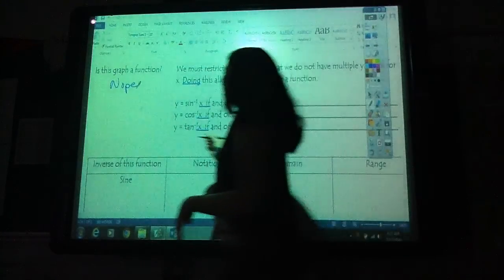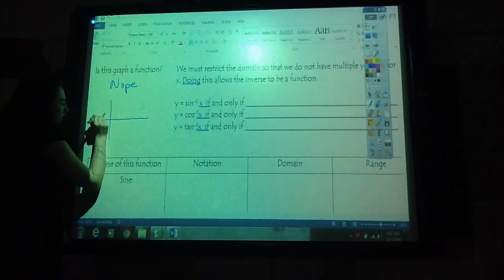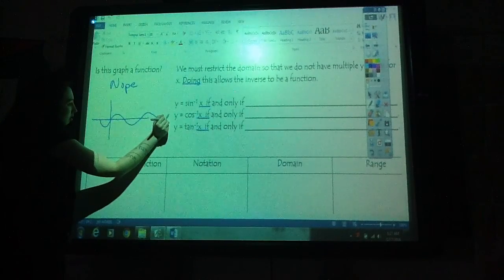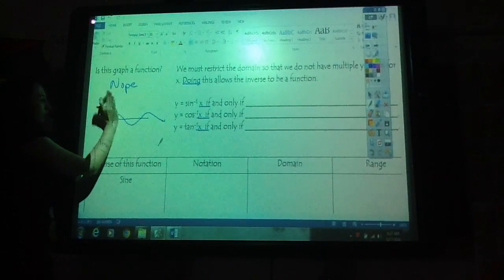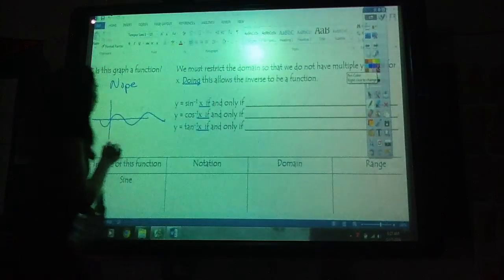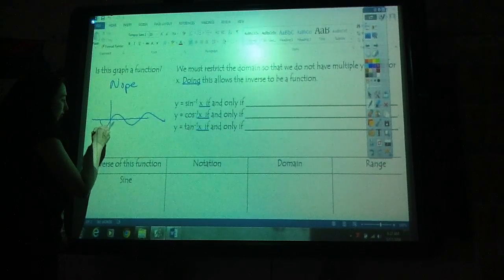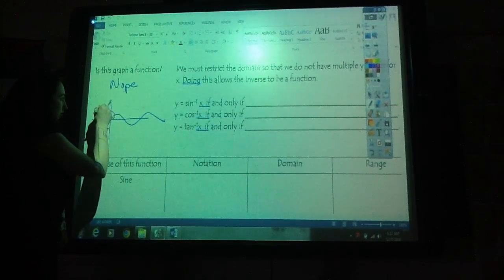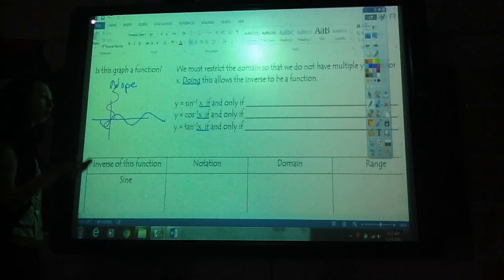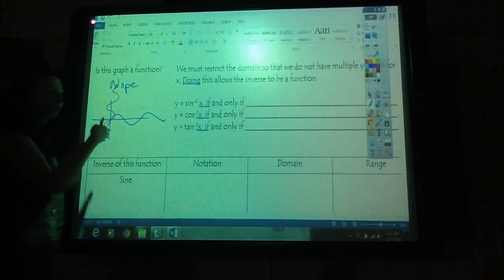Now what that's saying is, if I start here, and I have sine, and sine has done this, when I go to flip that onto its side, I'm now doing this. But I don't want that. I don't want all of that being flipped because now this fails the vertical line test.